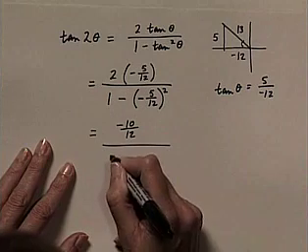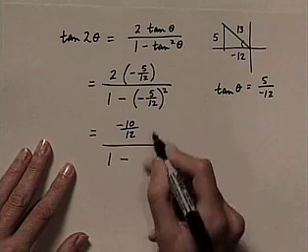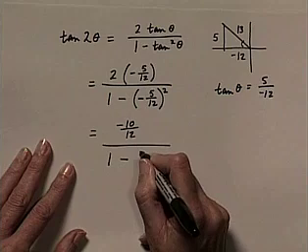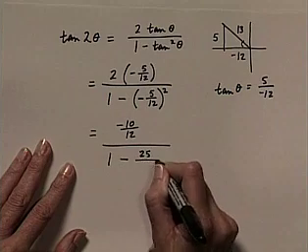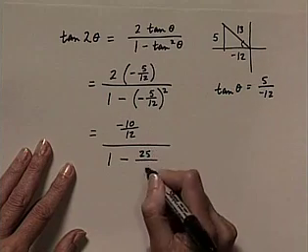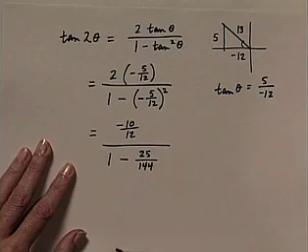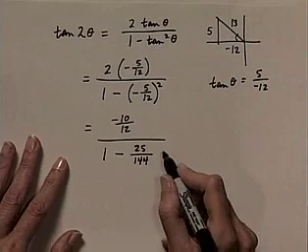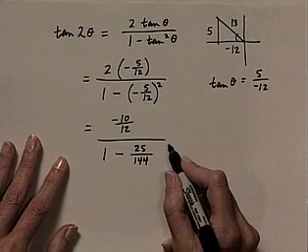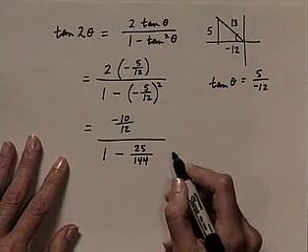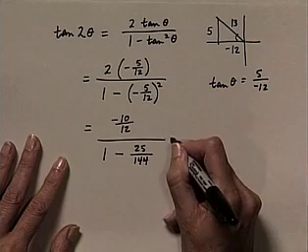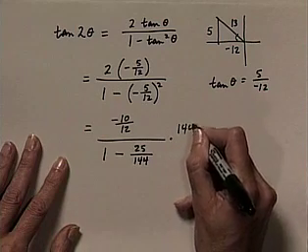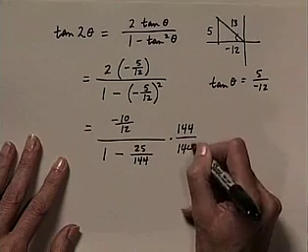We'll divide that by 1 minus negative 5 squared, which is 25, divided by 12 squared, which is 144. Let's go further now. We could simplify both numerator and denominator by multiplying both by 144. This is a quick way to get rid of those complex fractions.